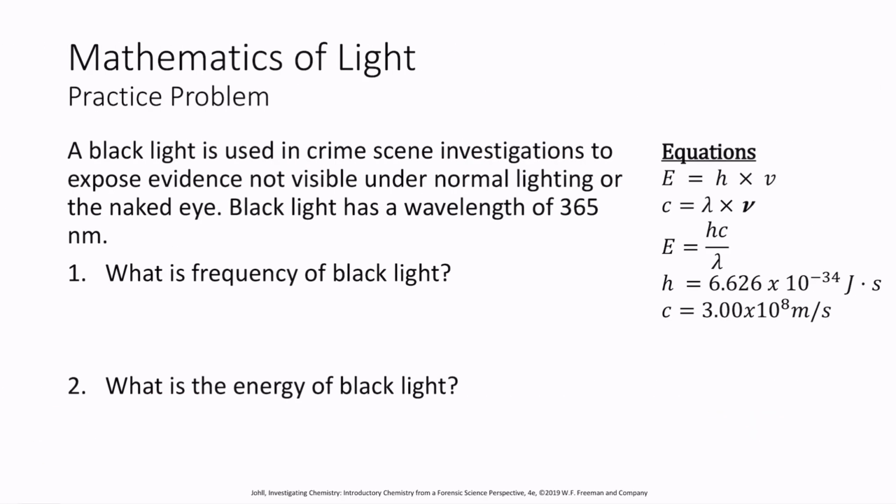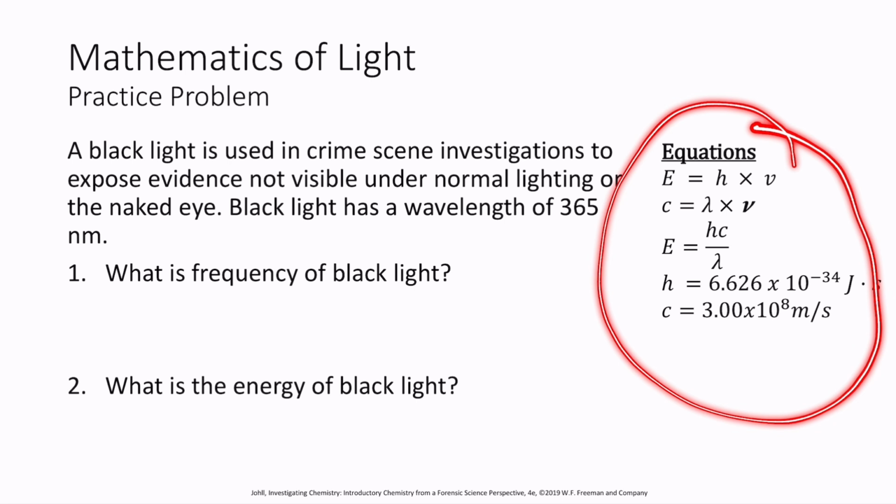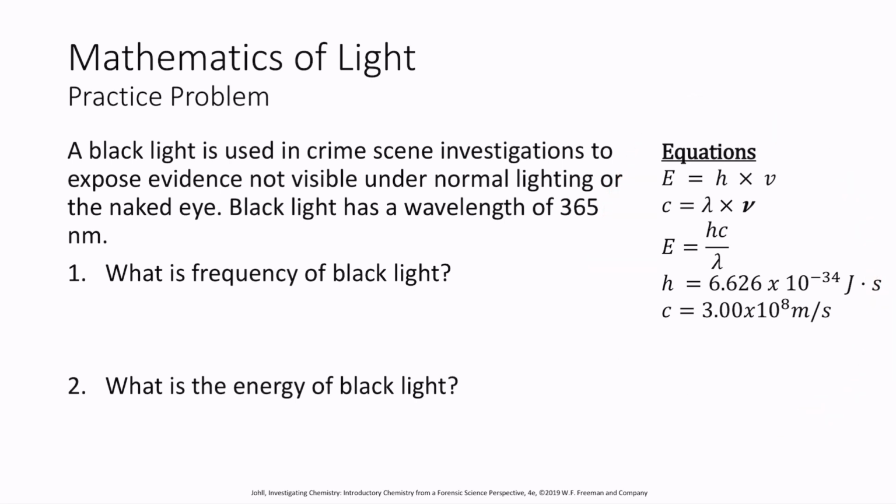So let's look at an example where we can use these different equations. Over here, I have provided all of the constants in different equations. We have E is equal to H times nu. C is equal to lambda times nu.